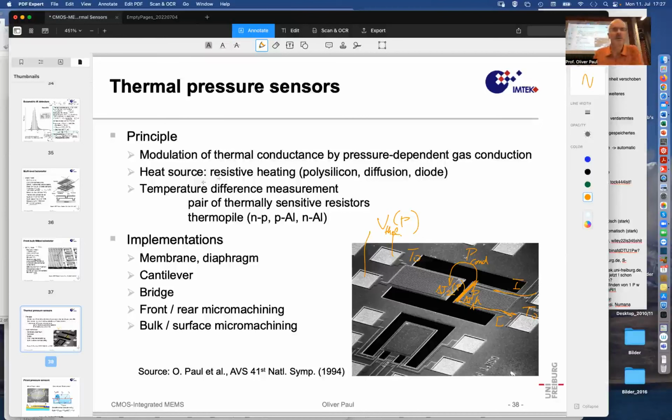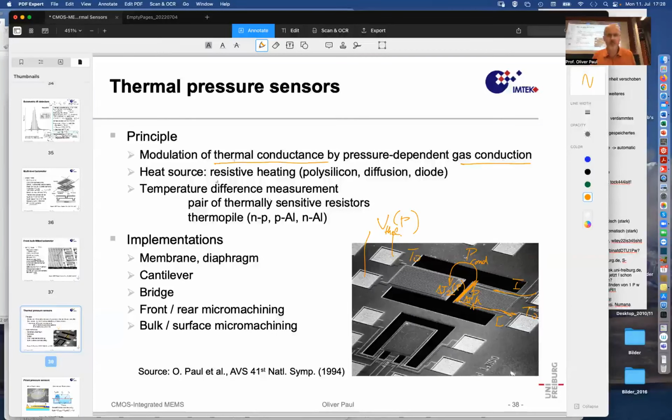But anyway, what we need is always, we would like to measure the thermal conductance of the gas via the pressure-dependent gas conduction. So we need a heat source somewhere, and then we need some temperature measurement. And that can be thermoelectric thermocouple pairs, or thermally sensitive resistors.